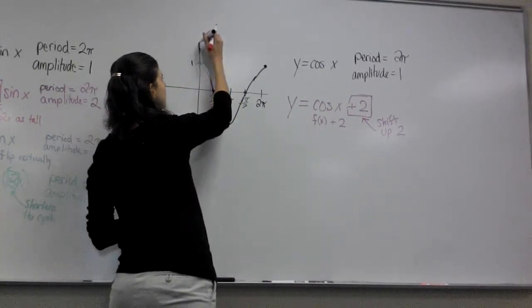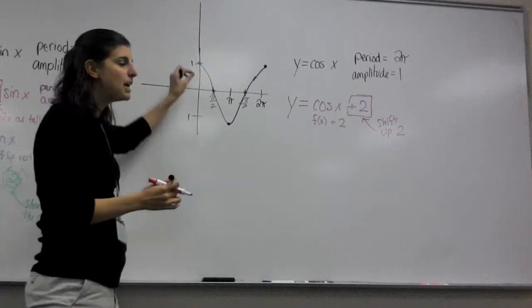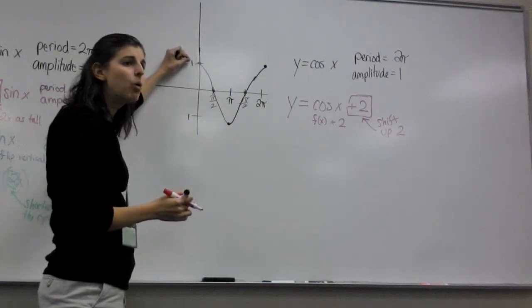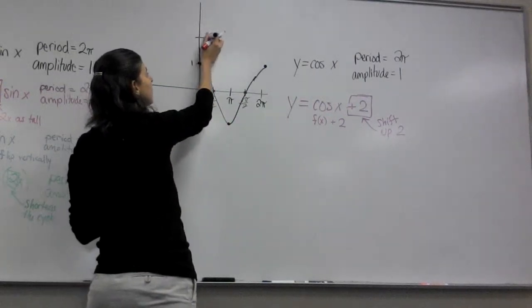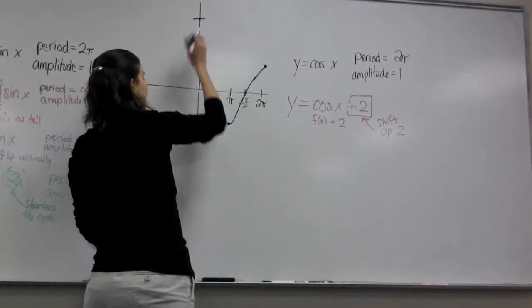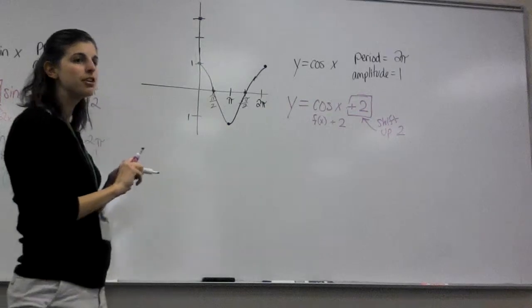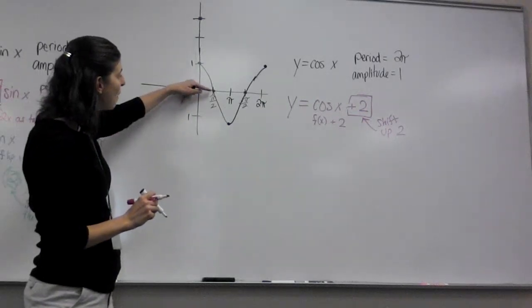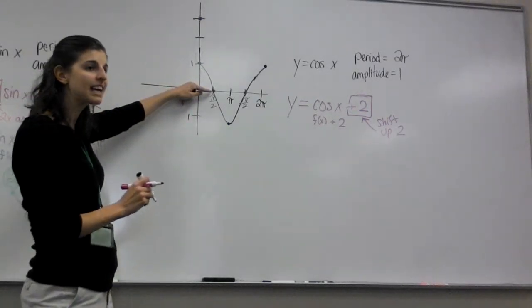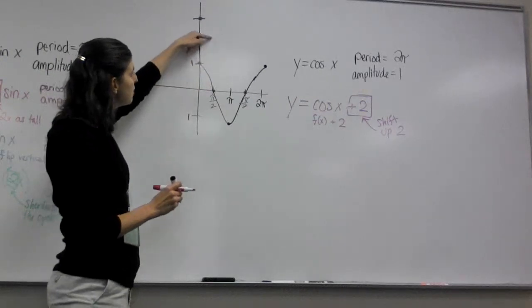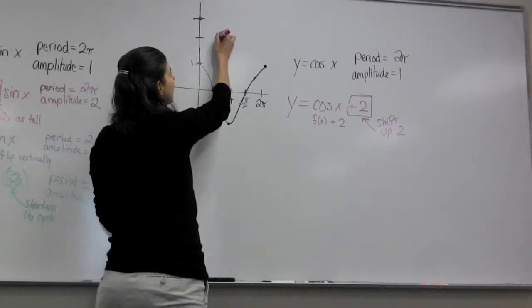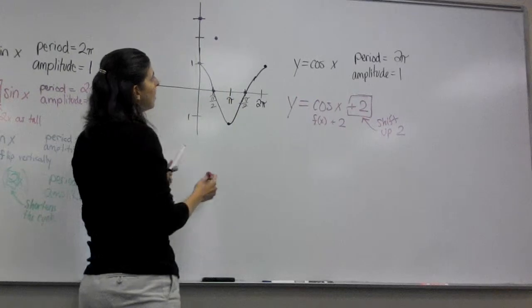Instead of being at 0, 1, I'm going to be at 0, 3. I'm shifting up 2 units. Instead of being at pi over 2 on the x-axis, I'm going to shift that up 2 units to be at pi over 2, 2.